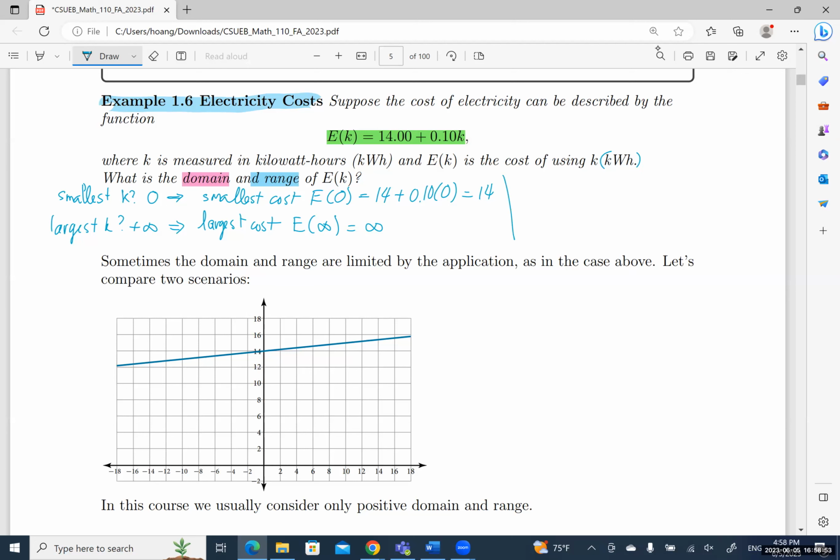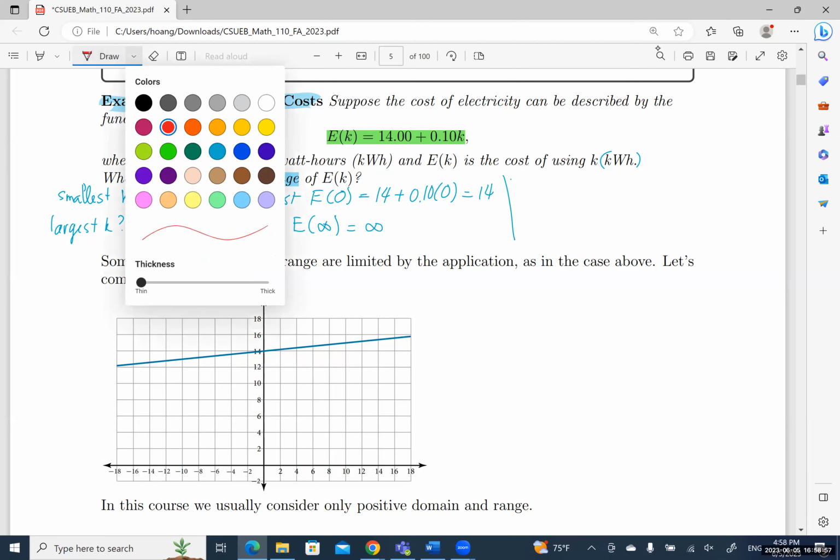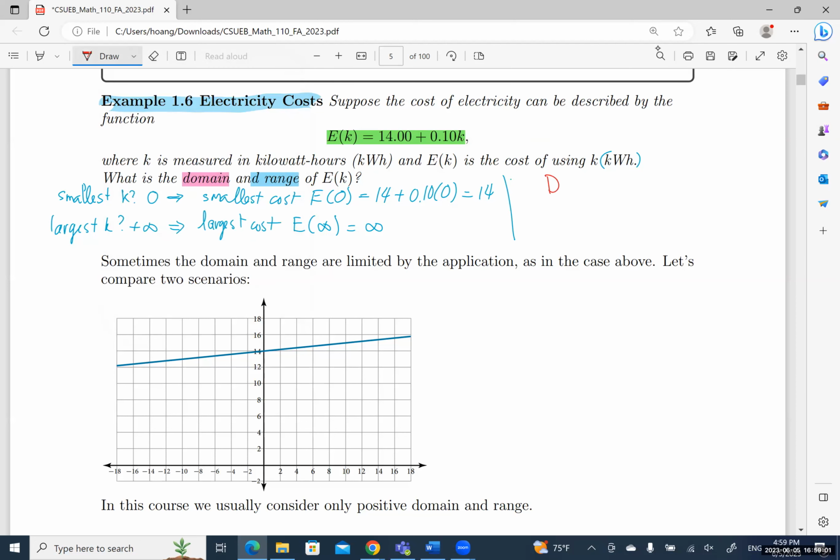So let me separate this. So now we can make a conclusion for the domain. Right? Domain is the value for K, or the input value for K. K comes from 0 and goes up to infinity, right?